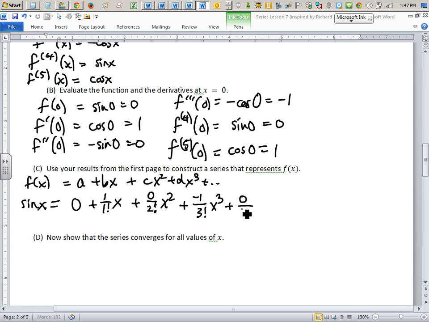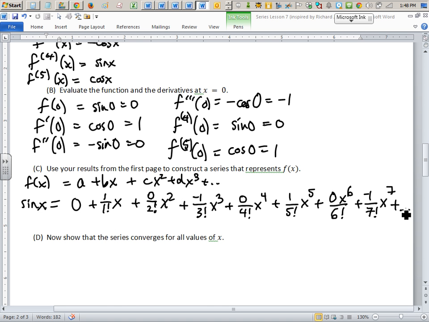The next one is going to be 0 over 4 factorial times x to the fourth, followed by 1 over 5 factorial x to the fifth, followed by, you guessed it, 0 x to the sixth over 6 factorial, then I'll switch back to negative 1 over 7 factorial times x to the seventh. And this pattern probably goes on forever because we don't know when to stop.